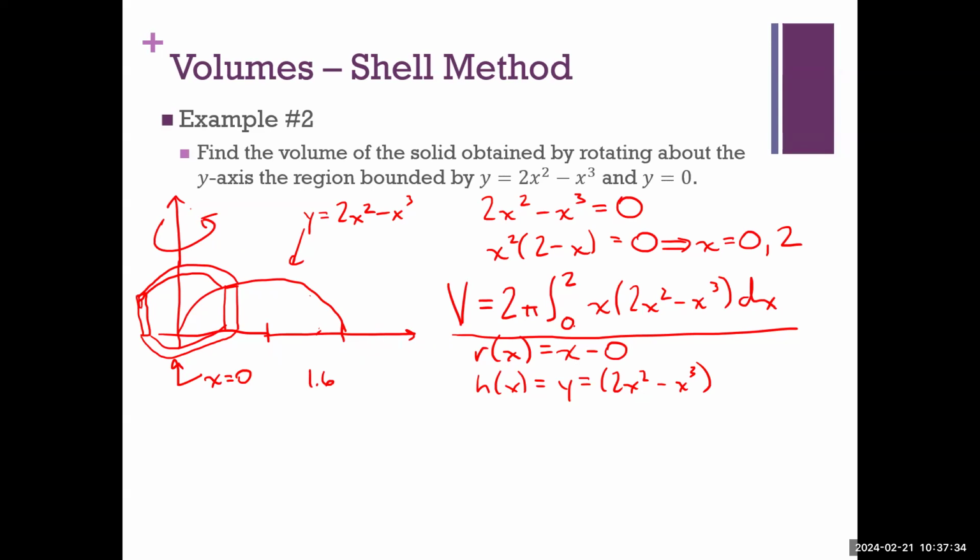Anything else about this integral? Can we calculate? So I think I would like to do some simplification. So the integral of 2x cubed minus x to the fourth. The integral of 2x cubed is 1/2 x to the fourth minus 1/5 x to the 5.